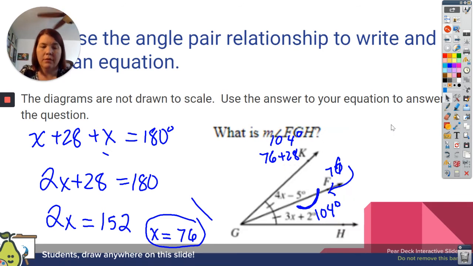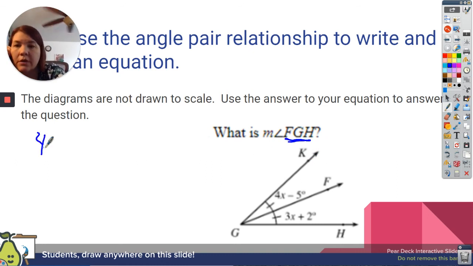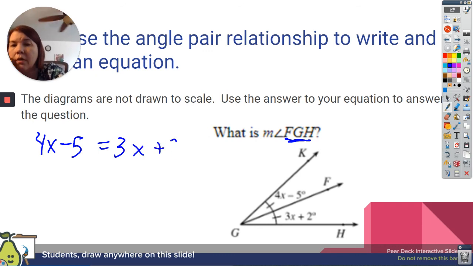Okay, so these are congruent. But what is FGH? I'm going to set them equal to each other because they're congruent, because that means they have the same angle measure. So I set them equal to each other. I get x equals 7.